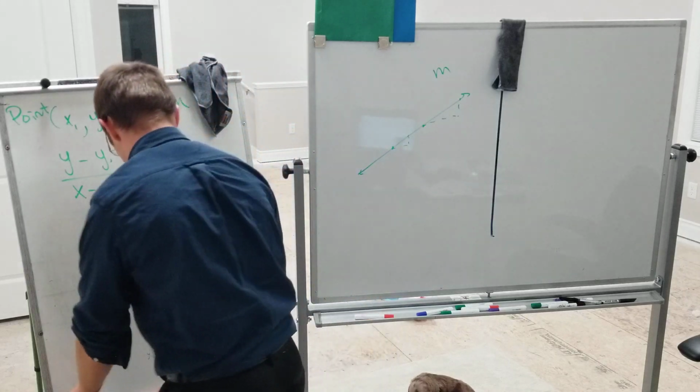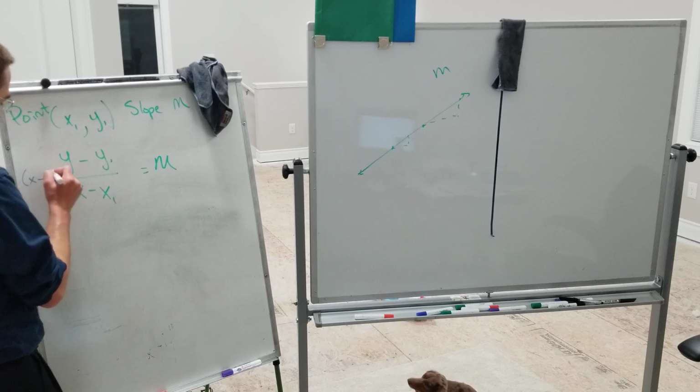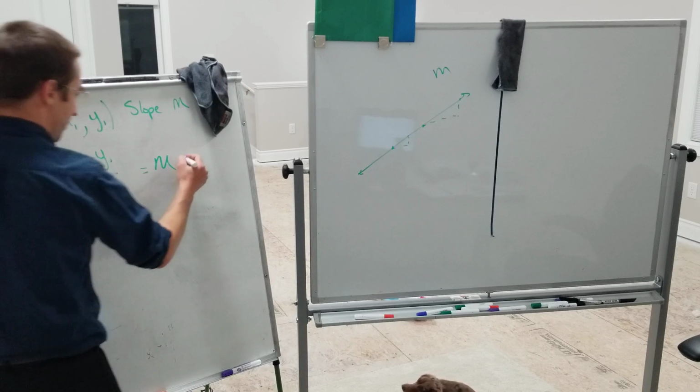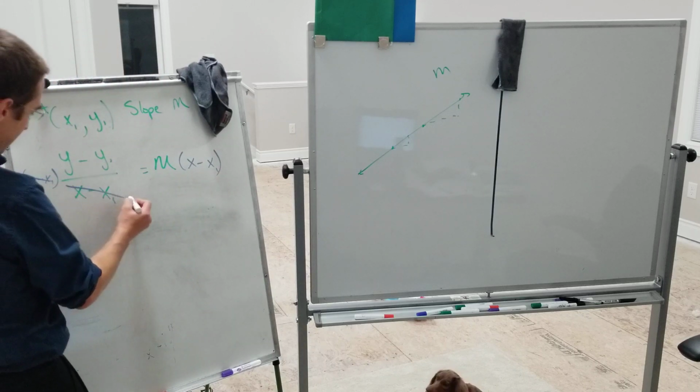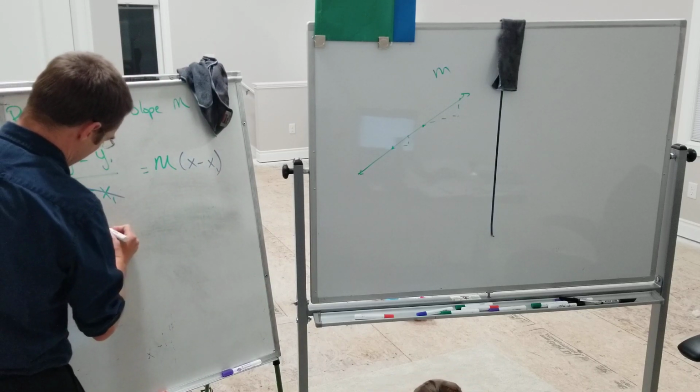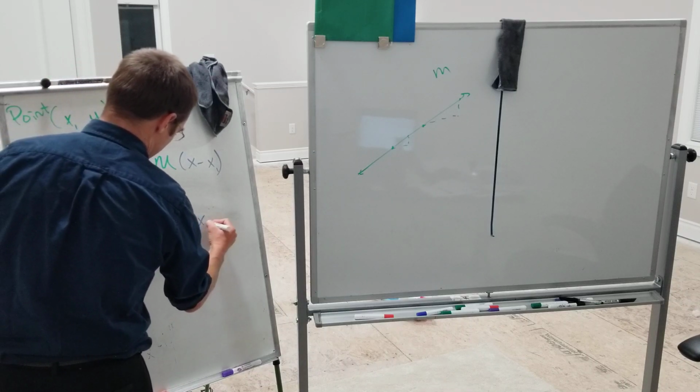Now what we can do is multiply each side of this equation by x minus x sub 1, so we don't have this fraction going on, right? That cancels out this side. Now we get y minus y1 equals m times x minus x1.